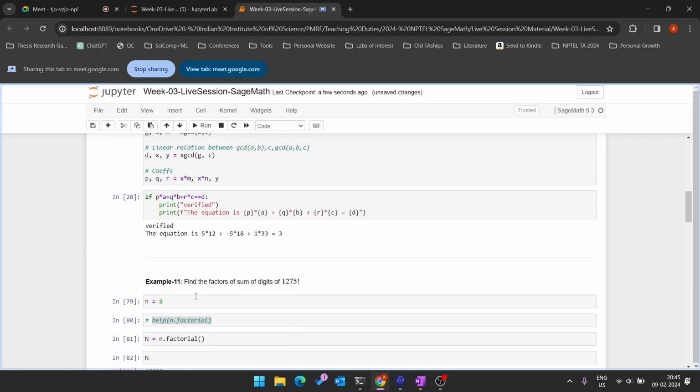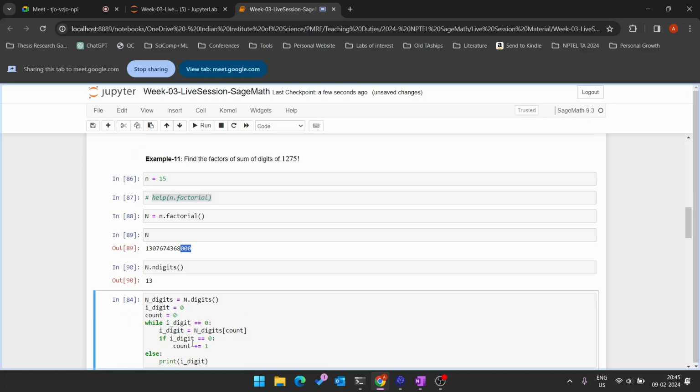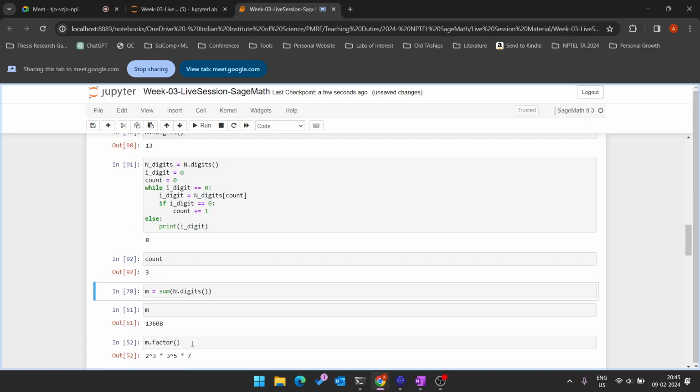This has only one zero. If I change this to say 15 factorial, it should have three zeros. There is 5, there is 10. So 10 contains another 5 and 15 contains one more 5. So it should have three zeros. Yes, three zeros, 13 digits, count is 3.